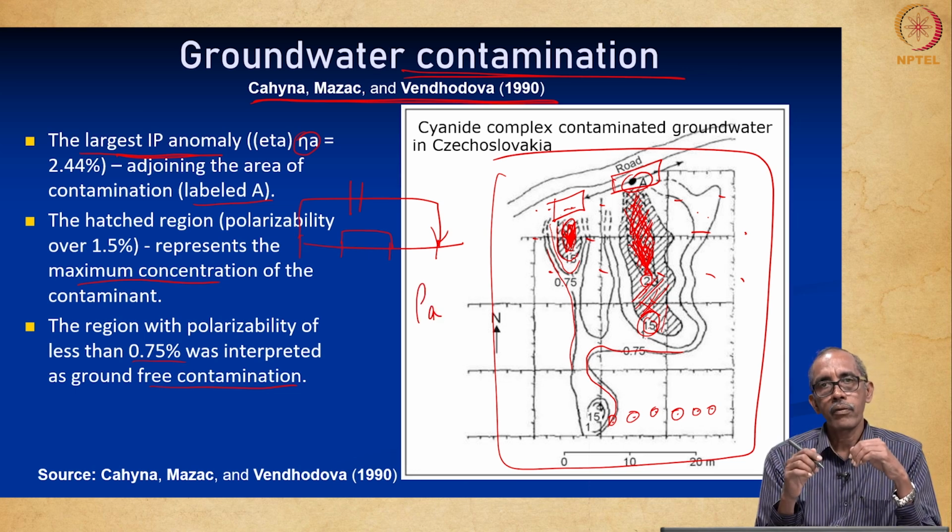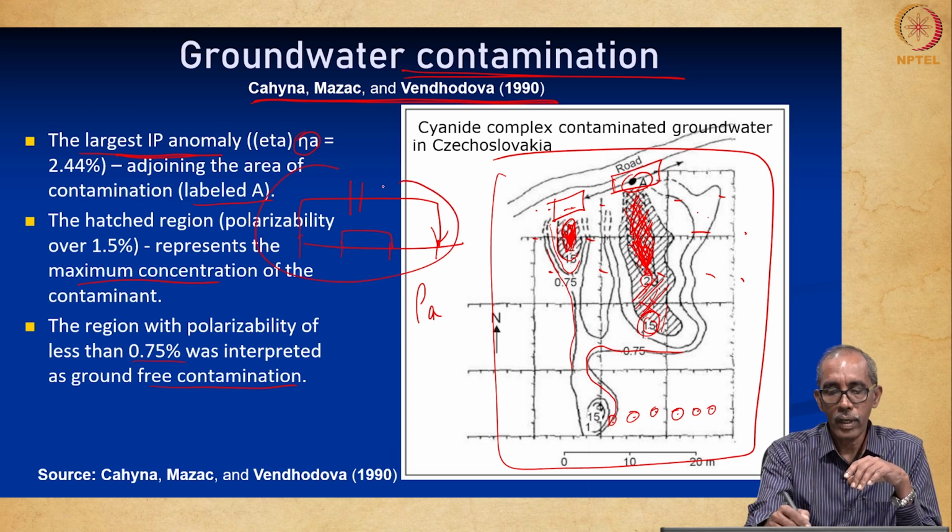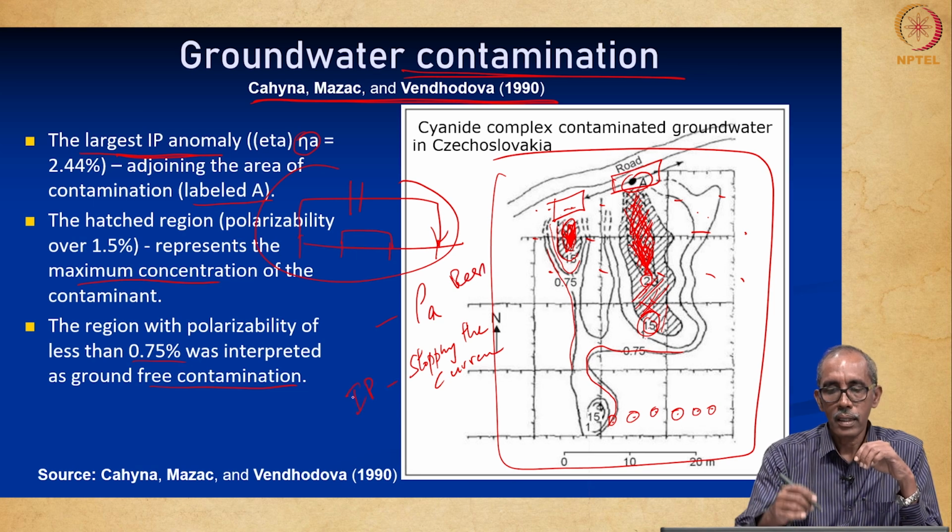In the IP method, what are we going to do? We are going to use the same arrangement. The only difference is the electrical potential will be measured after stopping the application of current. Stopping the current. That is, this is the resistivity method, this is the IP method. That is the only difference.